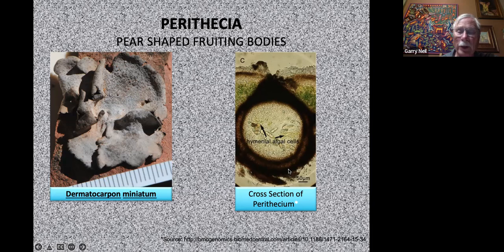This is a cross section of the perithecium that's embedded inside the tissue of this umbilicate type lichen. So in this case, here we have the spores of this particular species enclosed in this perithecium. And again, the ostiole will open up, and these will be released when the time comes, and that's what will occur.